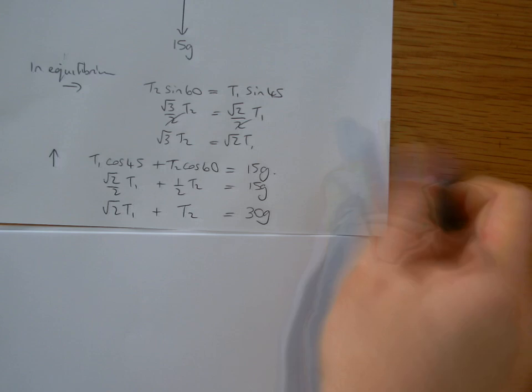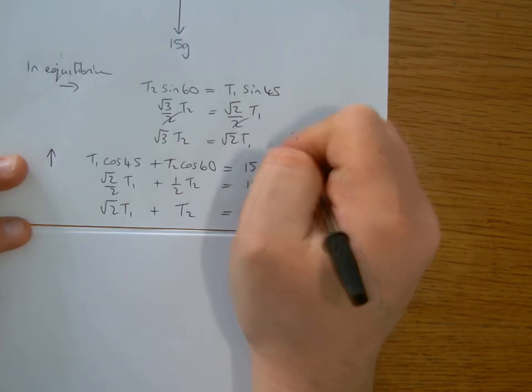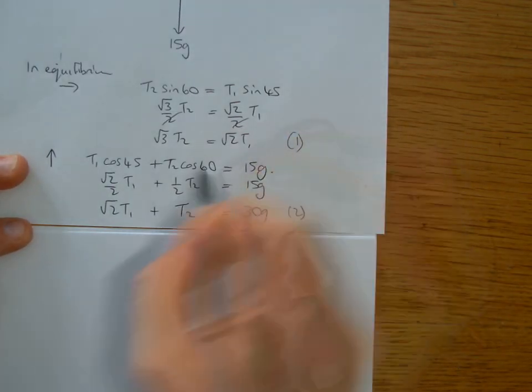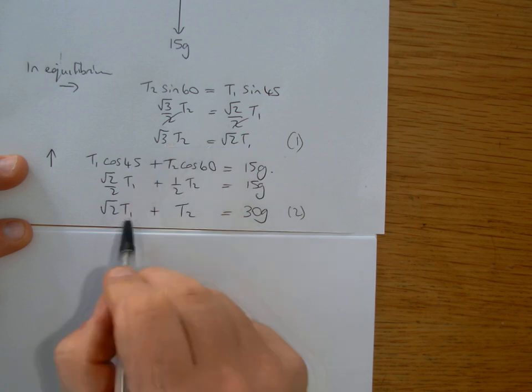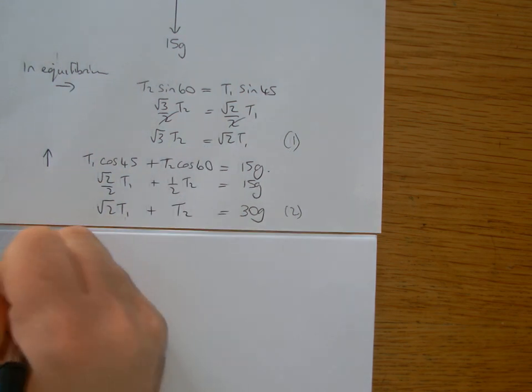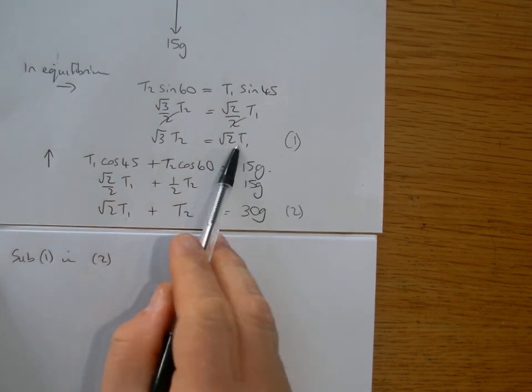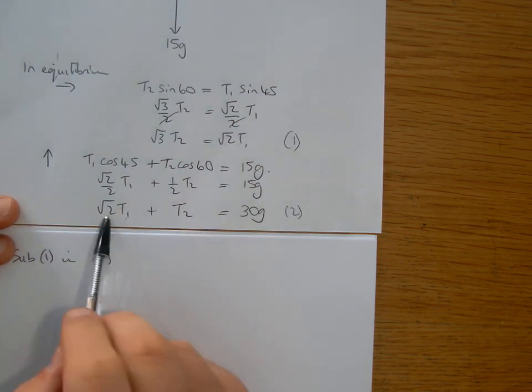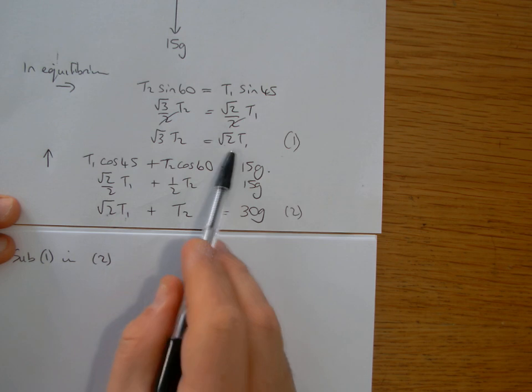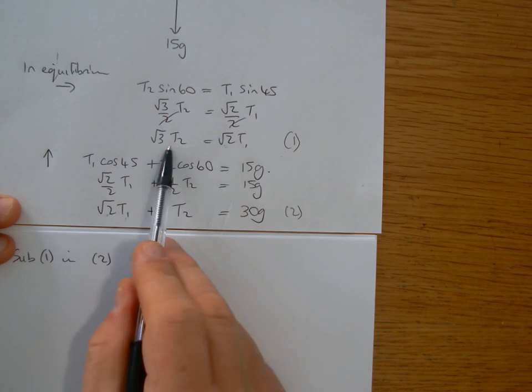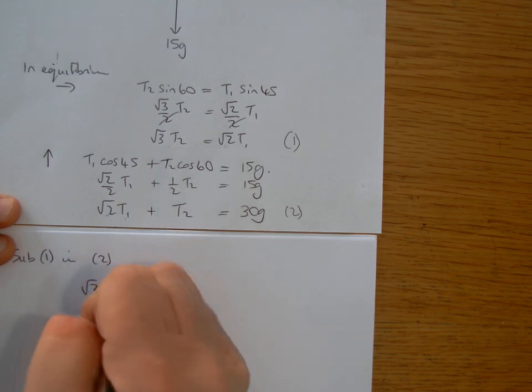Now, what you'll hopefully notice then is, with equation 1 here and equation 2, you can sub equation 1 into 2, because if you notice, root 2 T1 is what we've got here, and we know now that root 2 T1 is actually equal to root 3 T2.